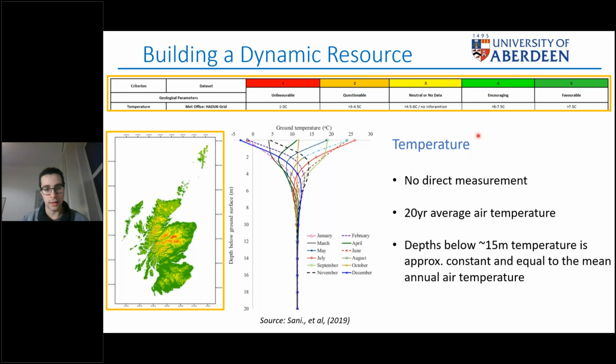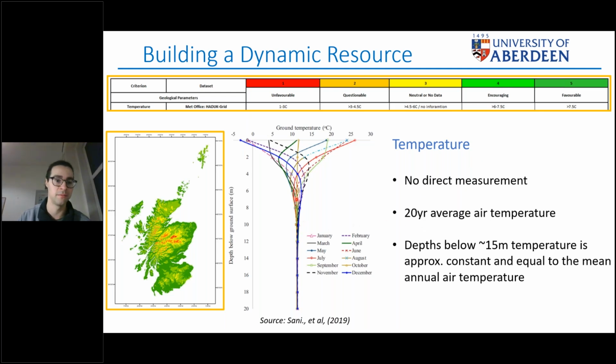When we look at temperature, it's another very important factor, but it's actually very hard to pin down. Temperature of superficial deposits in Scotland is basically not recorded. So what the map resource relies on is the relation between the shallow subsurface temperature and the annual average air temperature. At depths of 15 to 20 meters, the temperature is approximately constant and equal to the mean annual air temperature.